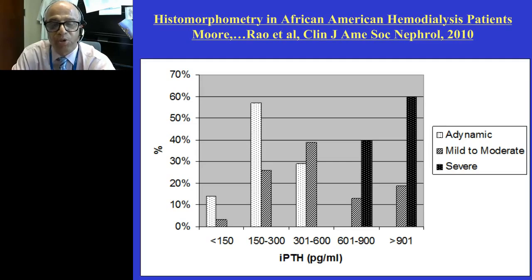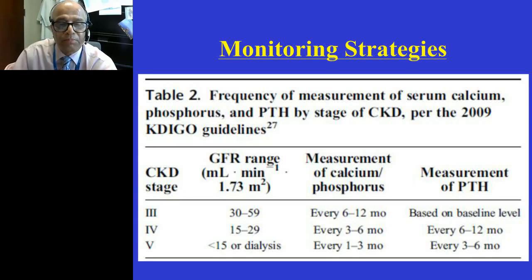Therefore, interference with these molecules and separation of these molecules in the newer assays might be very useful. So the highly sensitive intact 1 to 84 assay that is developed by the DSORIN with very little or no cross-reactivity 7 to 84 might be very useful in patients who are on dialysis.